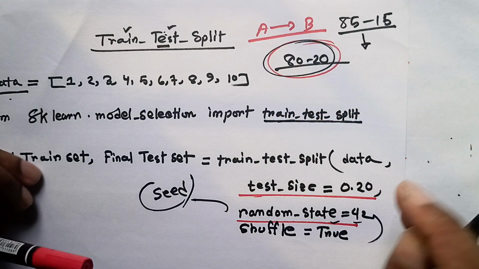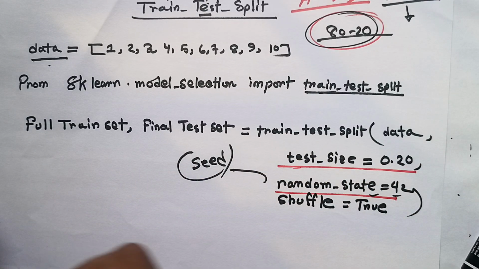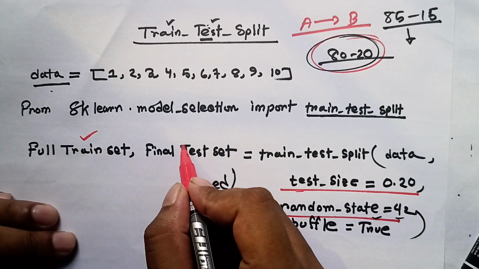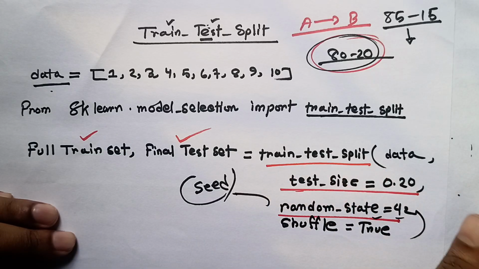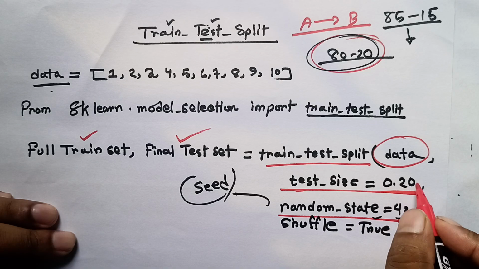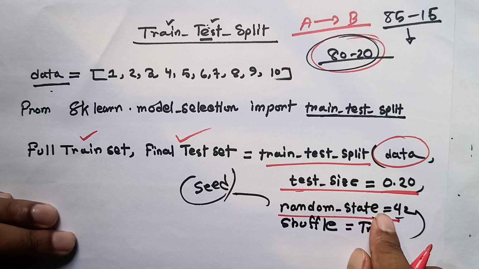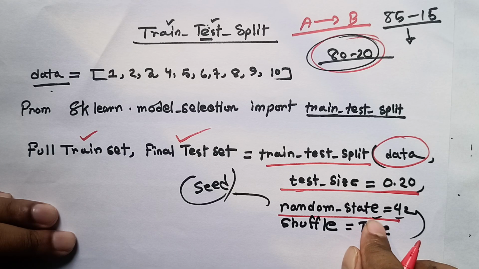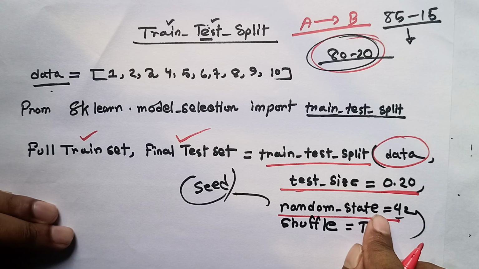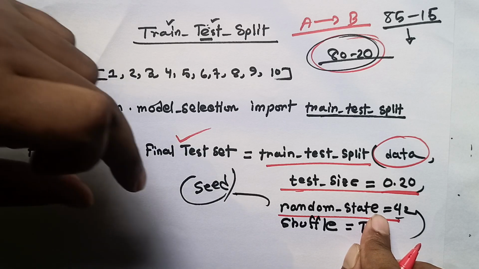Okay, our function is defined. What we already did: we named two sets and we called the function. Inside this function we inserted the data, we set an 80-20% split based on the test set size, and random state 42 for reproducibility, for identifiable random numbers or identifiable sets every time you run the command.